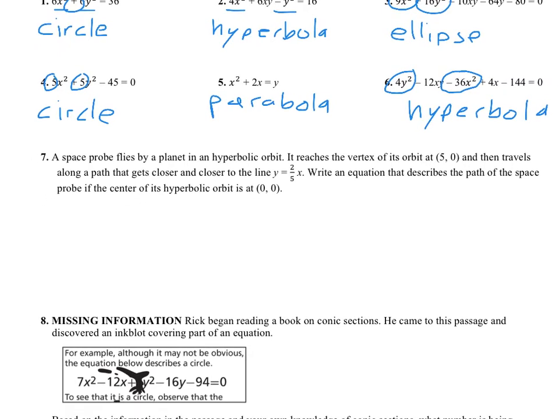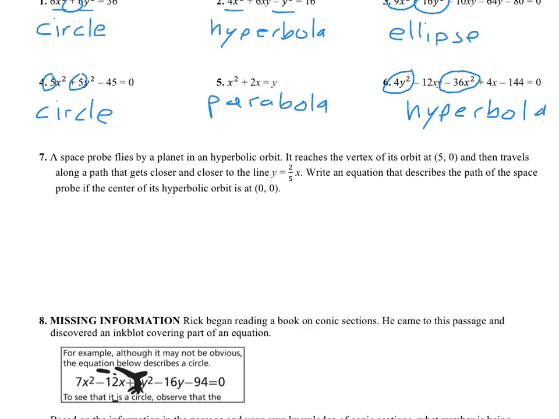Okay, on number 7, we know this is a hyperbola because they say hyperbolic orbit. It also has lines that it gets closer and closer to, but it never touches, which means that's an asymptote, and hyperbolas were the only conics that had asymptotes.